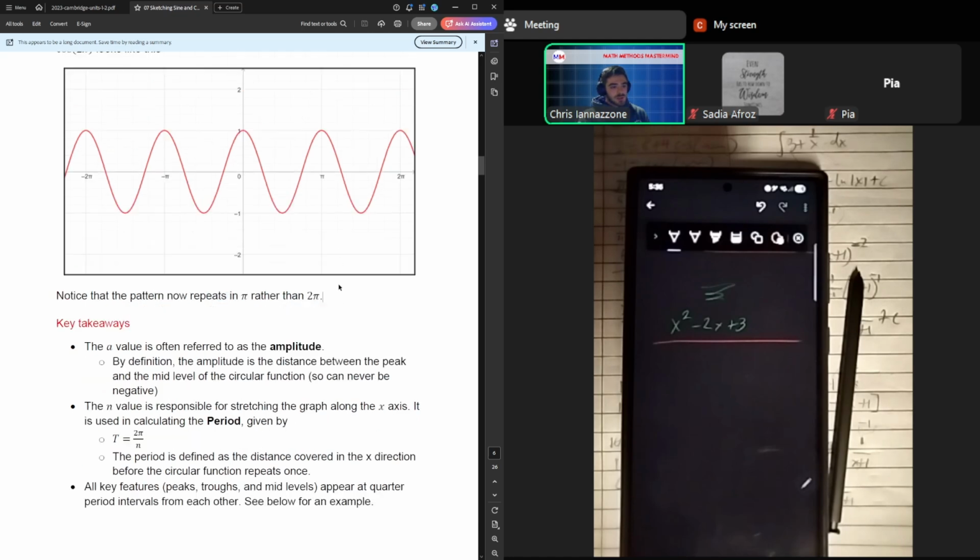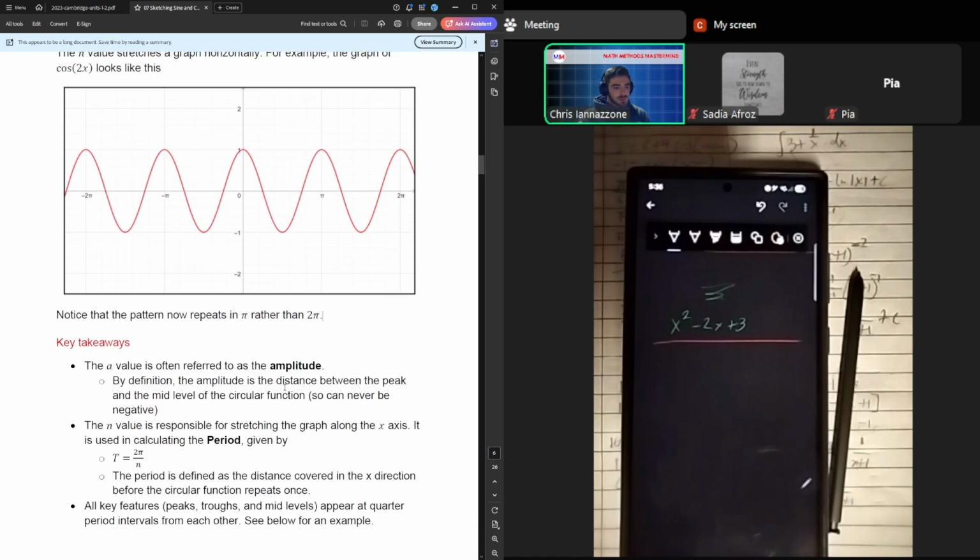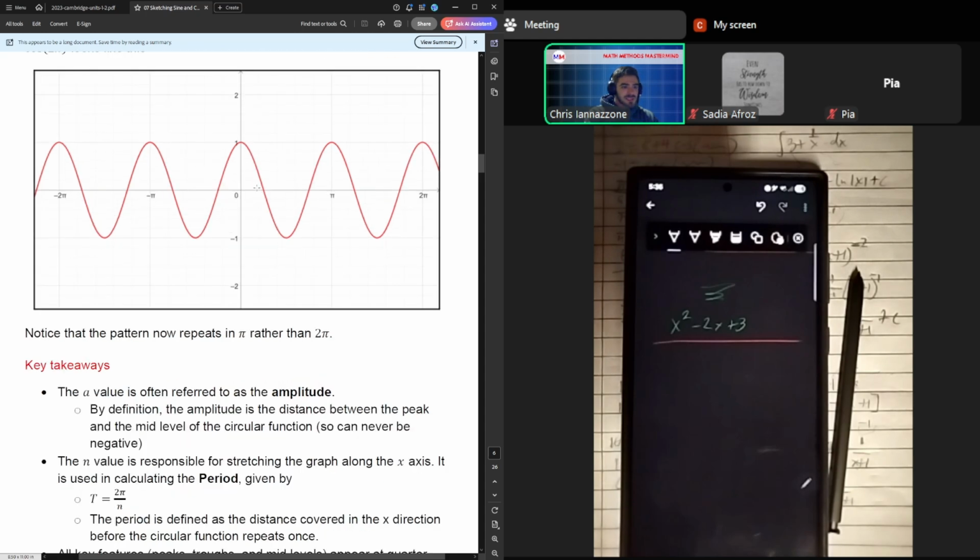By definition, the amplitude is the distance between the peak and the mid-level of the circular function. What I mean by the mid-level is this spot here. It's the middle between the peak here and the trough here. If you average out those y values, you get into the middle there. So by definition, the amplitude will only ever be this distance, or this distance, or this distance.